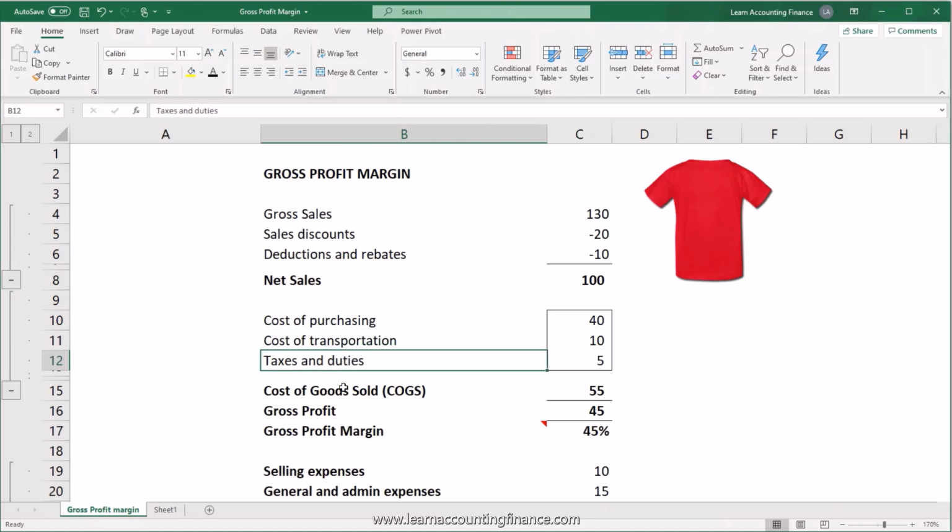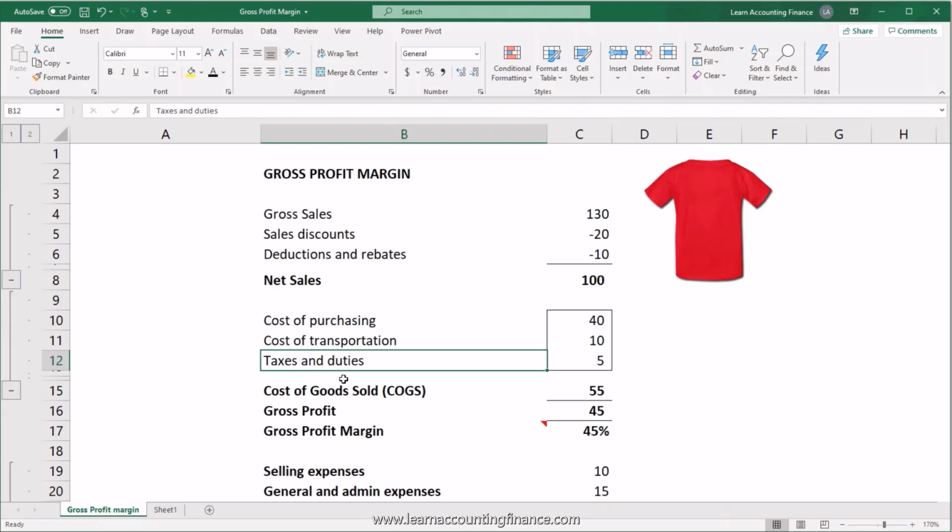And you may also have to pay some taxes and duties. Similar to transportation, in the case of taxes and duties, if you have sales taxes that are recoverable from the government, because many businesses pay sales taxes on what they purchase, and then when they sell items, they collect sales taxes on behalf of the government, and in the end, they net out.